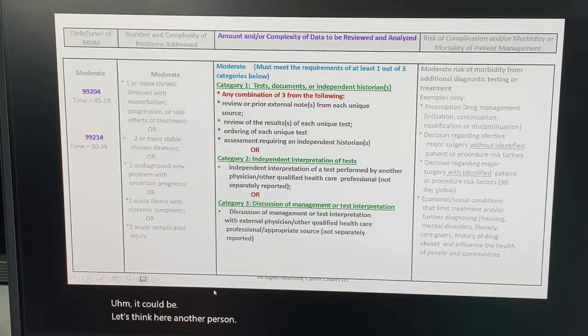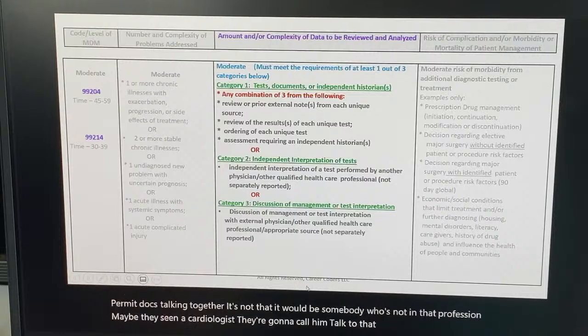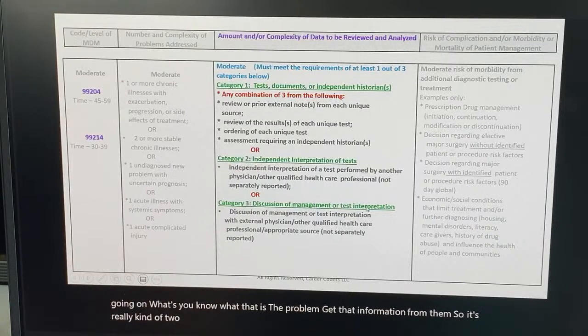It's not in the same group practice, right? If you have two internal medicine docs talking together, it's not that. It would be somebody who's not in that profession. Maybe they've seen a cardiologist. They're going to call and talk to that cardiologist about what was going on, what the problem is, and get that information from them. So it's really two different areas, discussion of management or testing treatment.